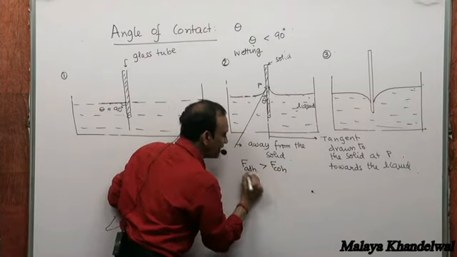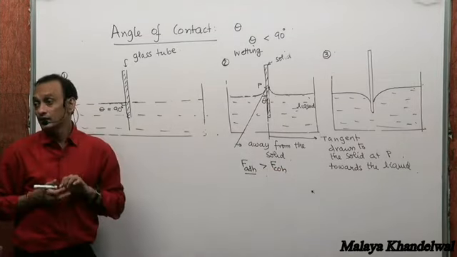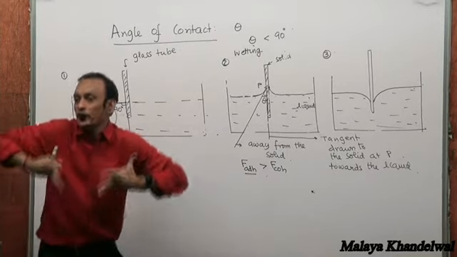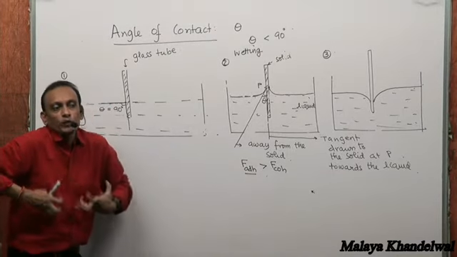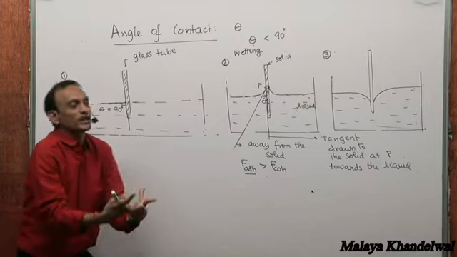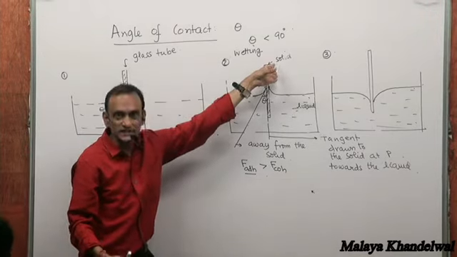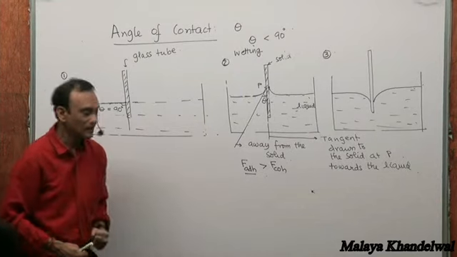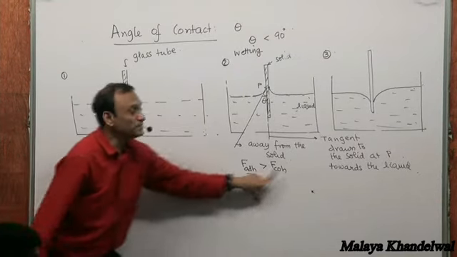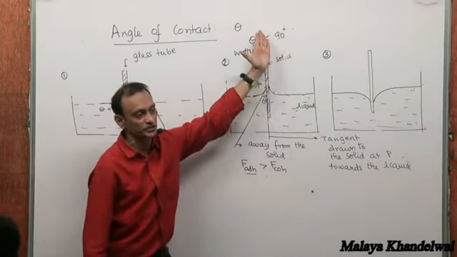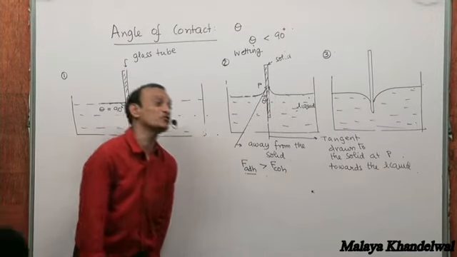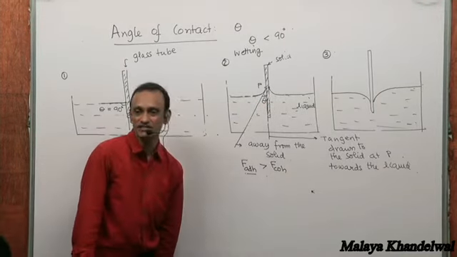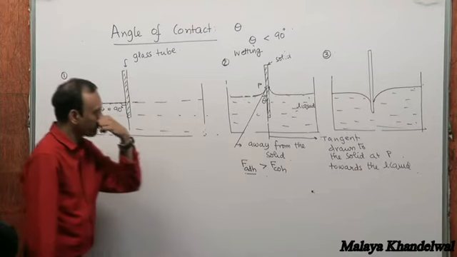COH is cohesive, ADH is adhesive. The adhesion is more than cohesion, right? The liquid particles are more strongly attracted towards the solid surface than they are attracted to each other. So adhesion more than cohesion is what would result, and the angle of contact theta would be less than 90 degrees, right?